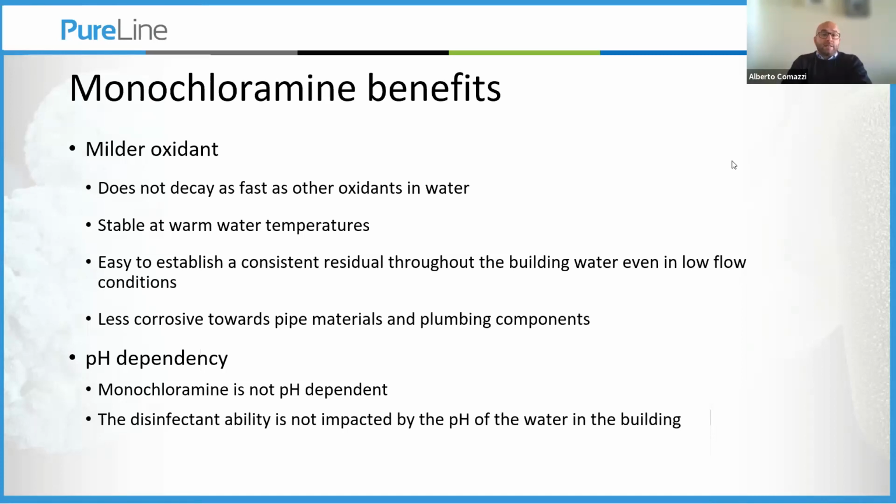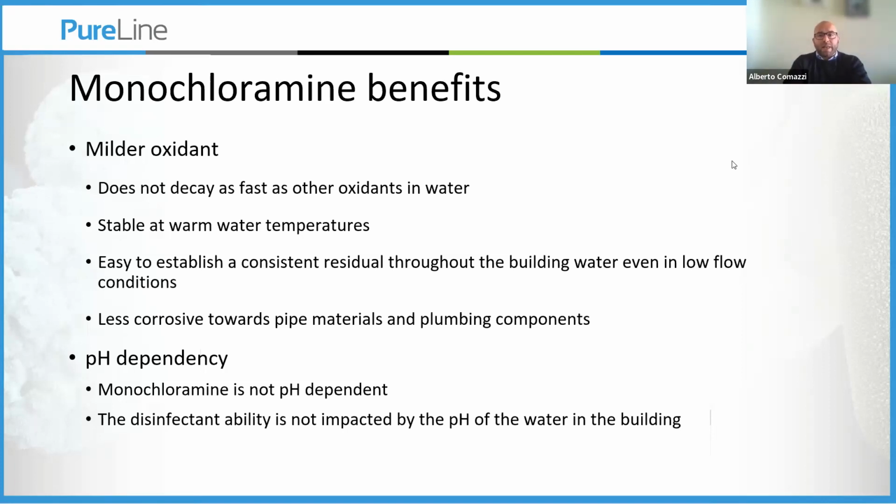And because of that, it's much easier to establish a consistent residual of monochloramine everywhere in a building plumbing system, even in those areas where there is low flow or there is not a lot of water use. And again, because it's a milder oxidant, the oxidation power of that molecule is not going to be as high.